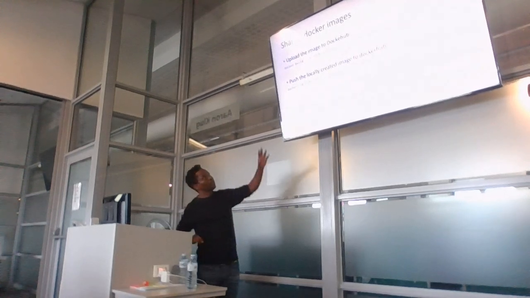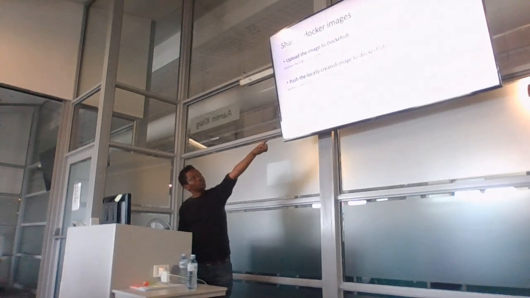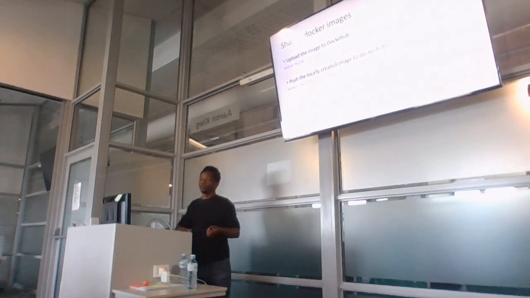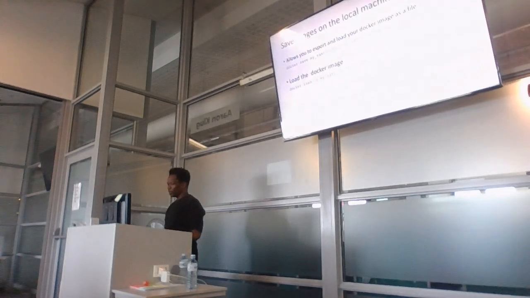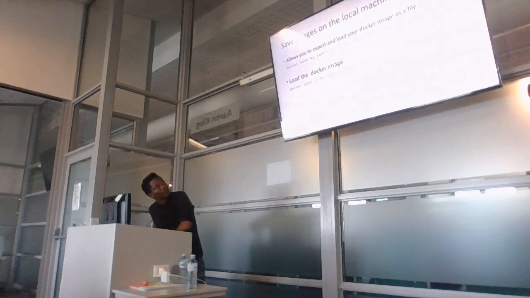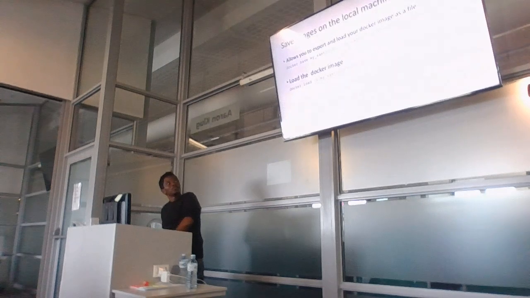This is where you need your login, and then you push your tool off to Docker. You can save images on your local machine as a file. Simply docker save my image as a tar file, and I can load that using the docker load command.